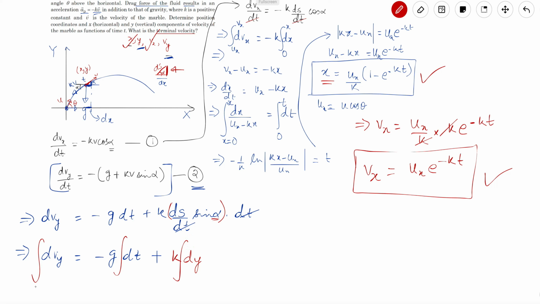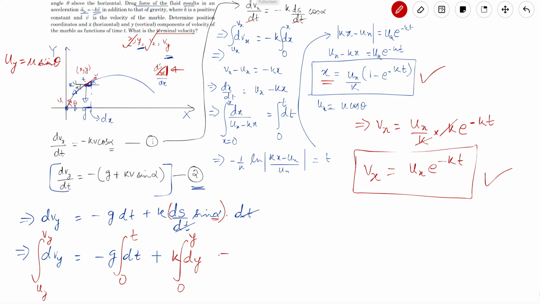So vy from uy, which is u sine theta, I'm writing it here. So uy to vy, negative g integral from 0 to t, and dy integration from 0, y equal to 0, it's at the origin, to y.